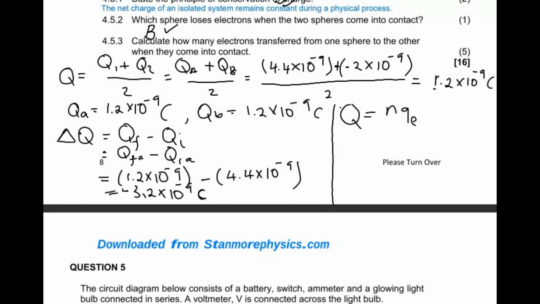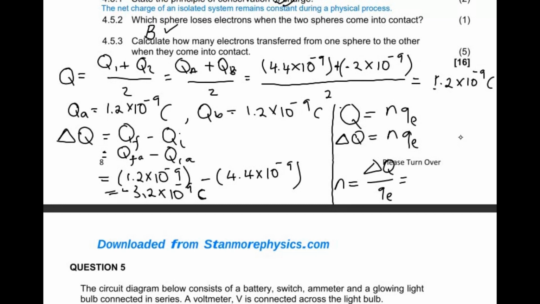This is the charge on an electron. We know the value of it. We know now Q, or we can rewrite it as the change in Q. The change in Q is the amount of charge which is transferred, which equals NQE. We can rearrange this, and we will find that the number of electrons is given by the change in Q divided by QE.